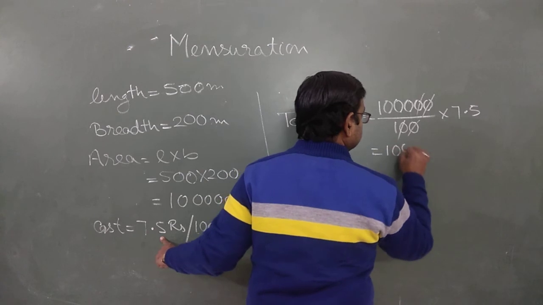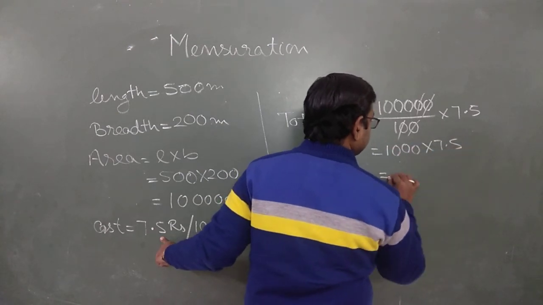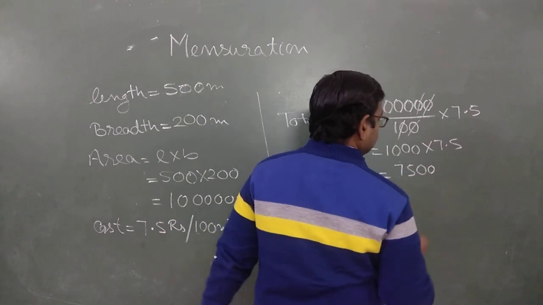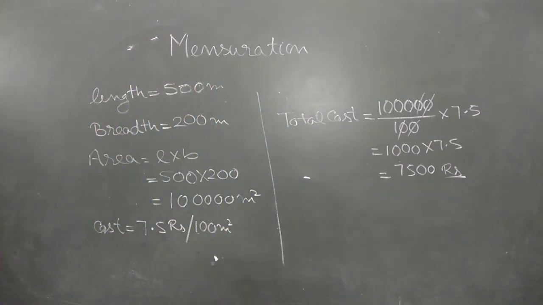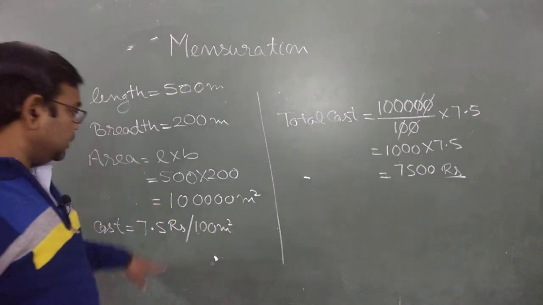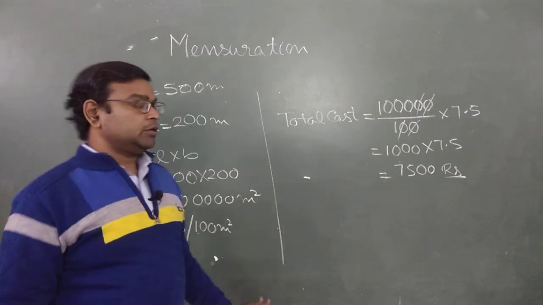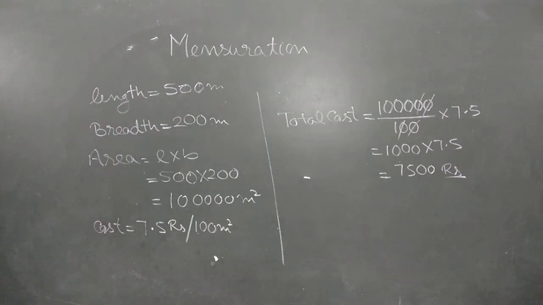It's 1000 into 7.5, it's 7500. It's 7500 rupees. Clear? This is the answer. All of you check the multiplication process, it is the same. You have to check the multiplication and division and check whether the answer is right or wrong. If it's wrong, mention it in the comment part. Move to the next question.